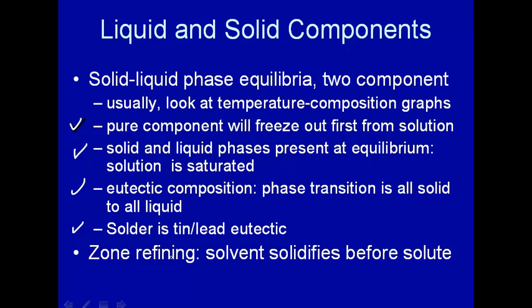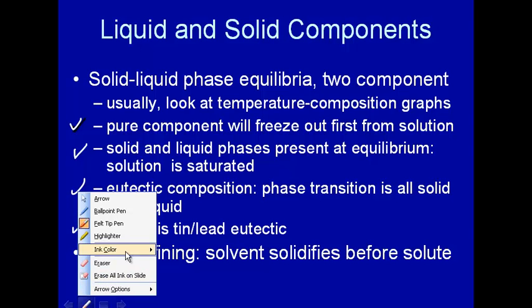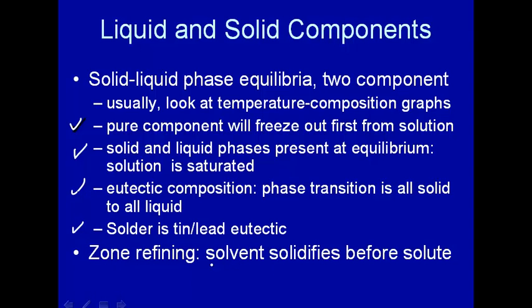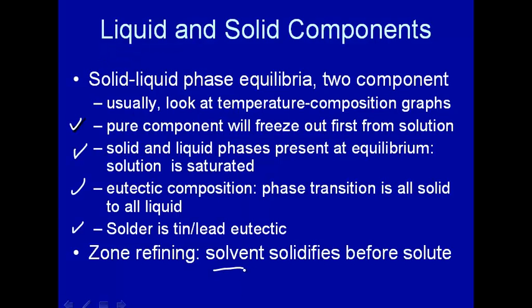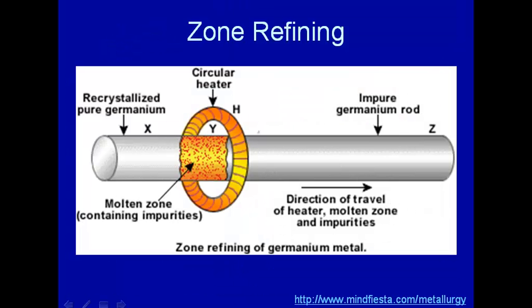All right, let's take an example of the use of these ideas. That's zone refining. Zone refining, well, what is that? Well, let's go to a picture. A picture's worth 1,000 words. So here we are. This is an example of zone refining.